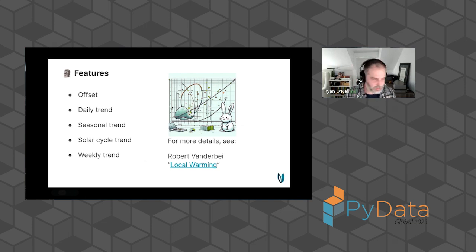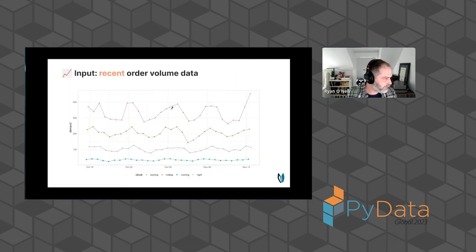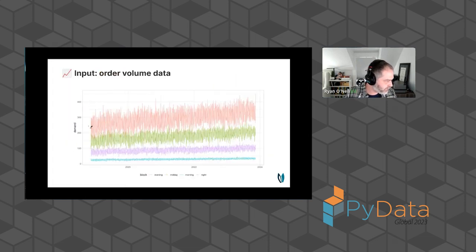Daily trend: if we look at this, we can see that it's sort of increasing over time, and so that would account for that. If I just stuck a straight line on here, that would really be the daily trend. And then there was solar cycle seasonality. I'll refer you to the Rob Hyndman paper for a little bit more about that.